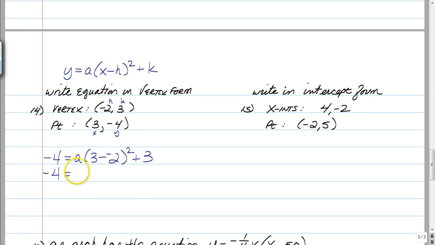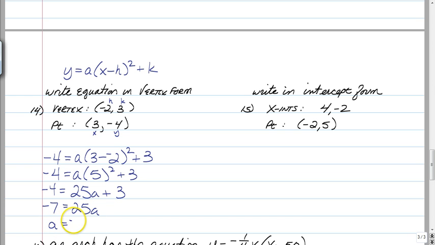So negative 4 is equal to a times 3 plus 2 is 5, squared, plus 3. 5 squared is 25, so this is technically 25a plus 3 is equal to negative 4. Subtract 3 from both sides. That's going to give you negative 7 is equal to 25a. So a is equal to negative 7 over 25.